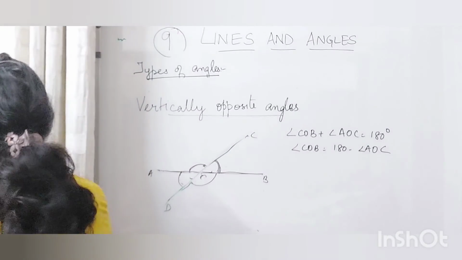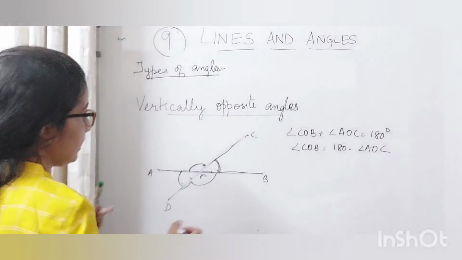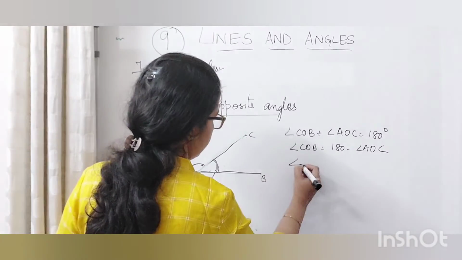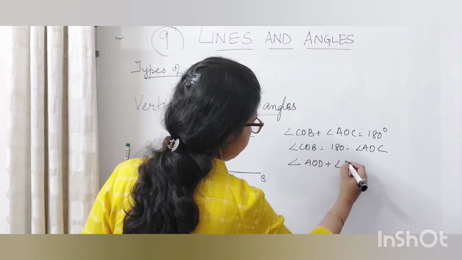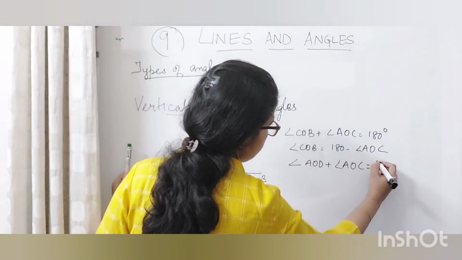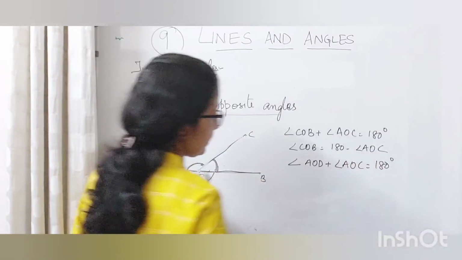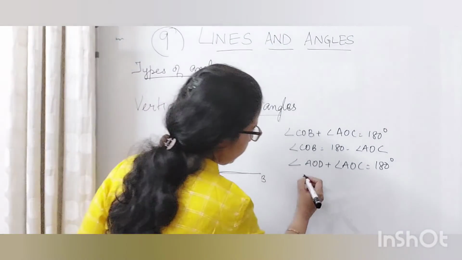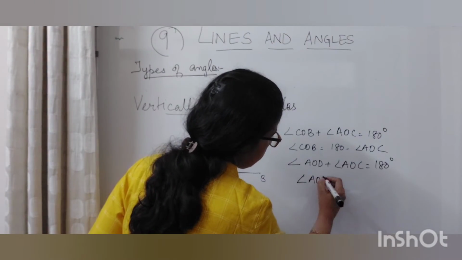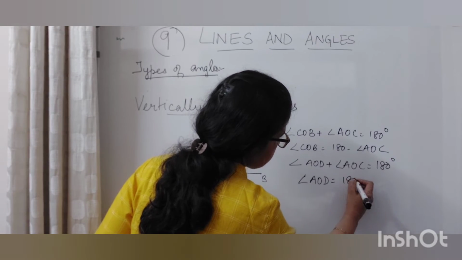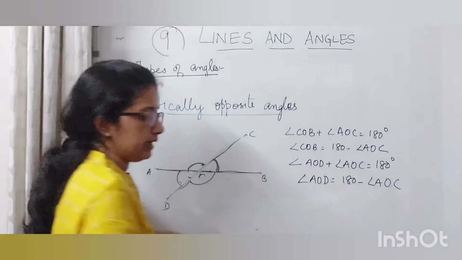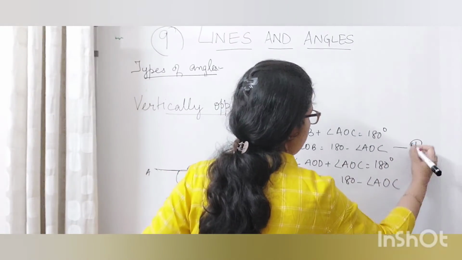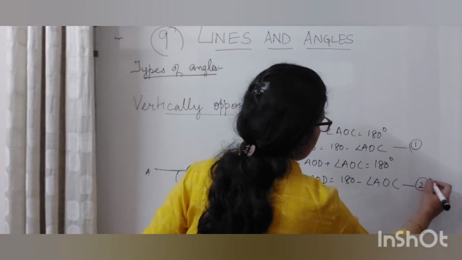That means that angle AOD plus angle AOC is equivalent to 180 degrees. Correct? So from this what can we write? Angle AOD is equivalent to 180 minus angle AOC. So let this be the first equation and this be the second equation.